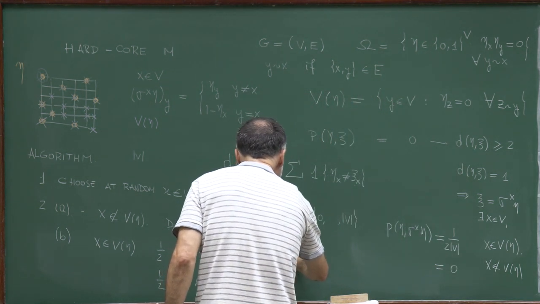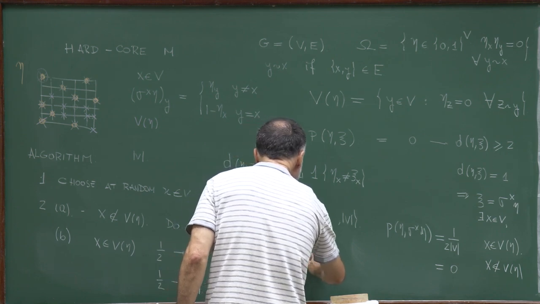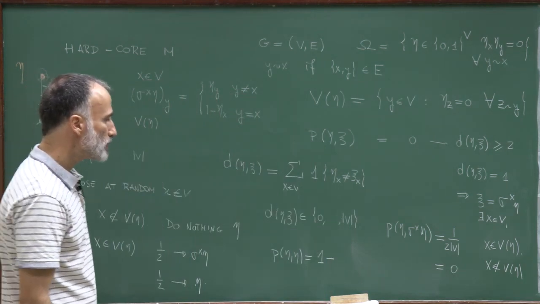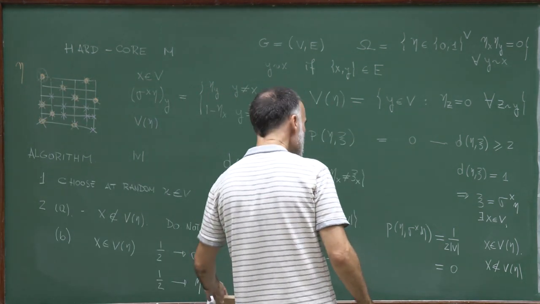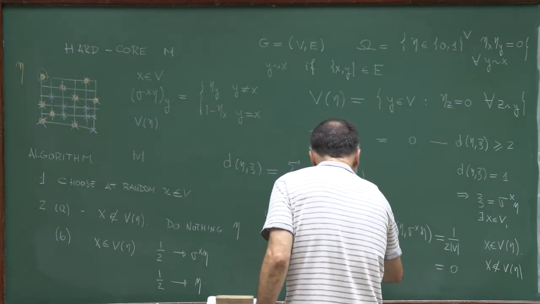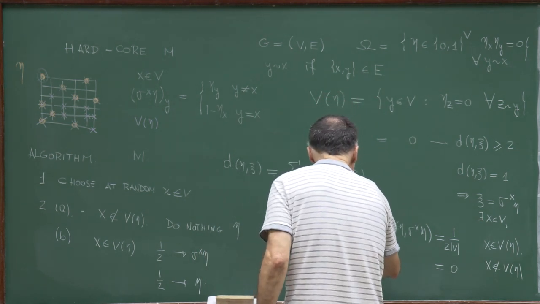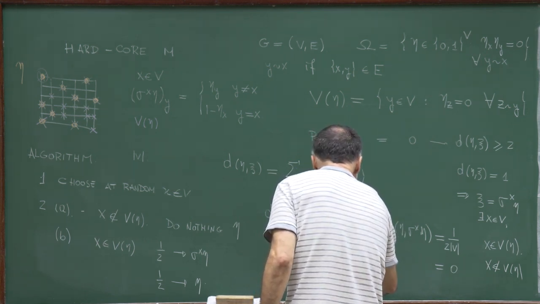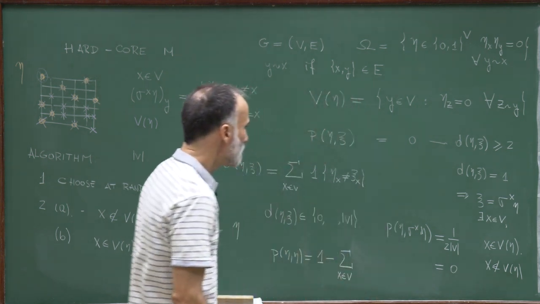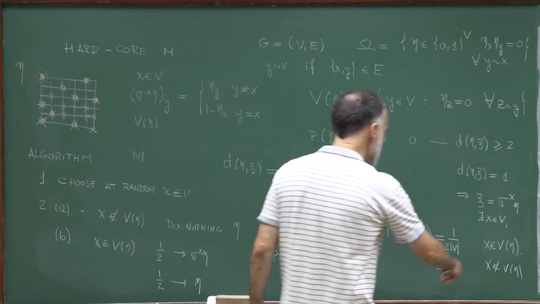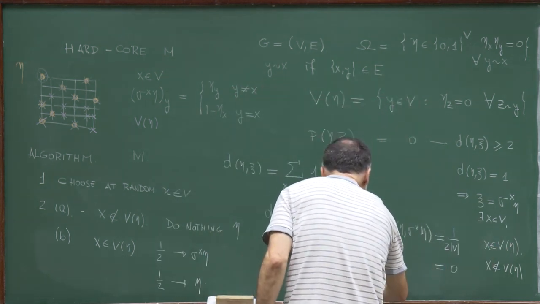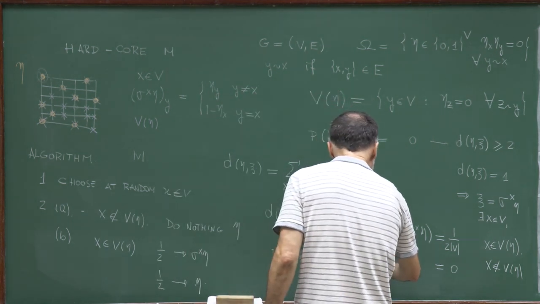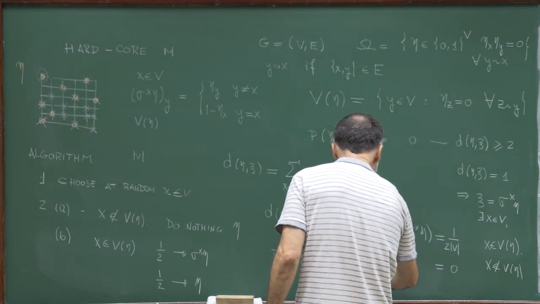the probability that you remain where you are is 1 minus the probability that you jumped. The probability that you jump is the sum over all x in V of eta, because it's 0 otherwise, of 1 over 2V.